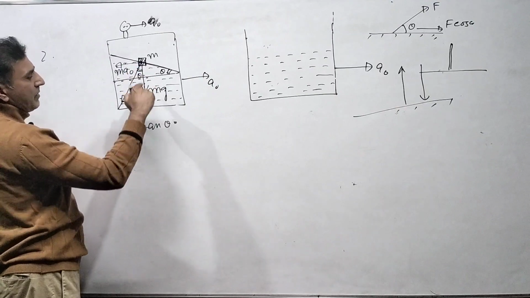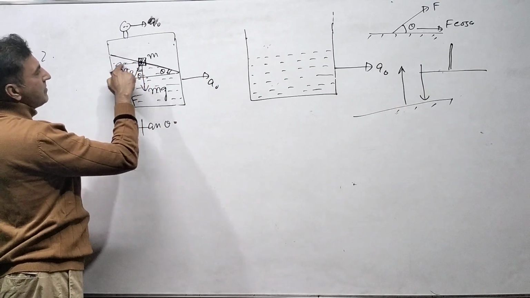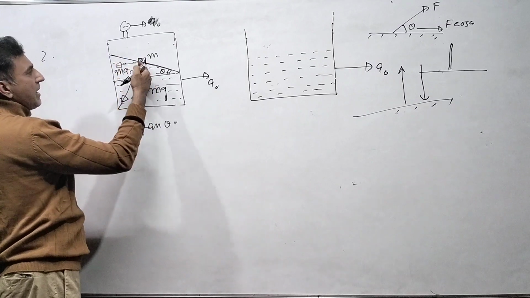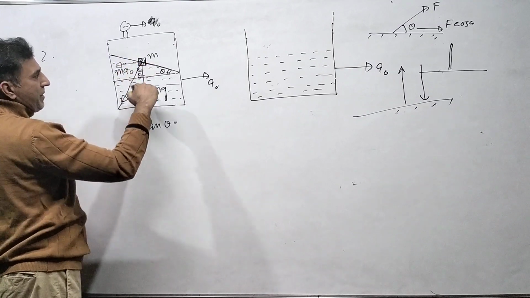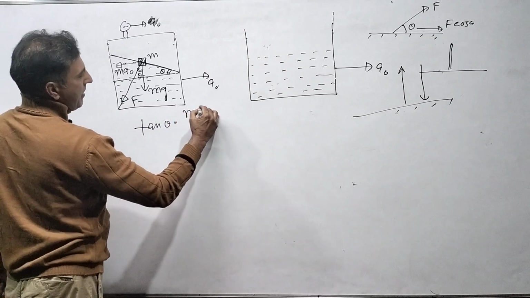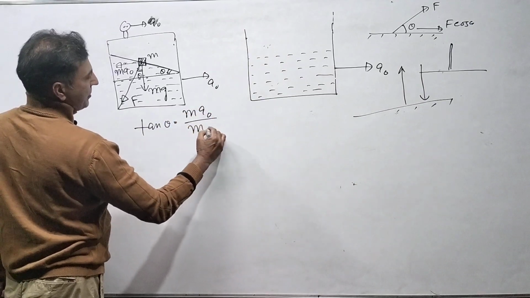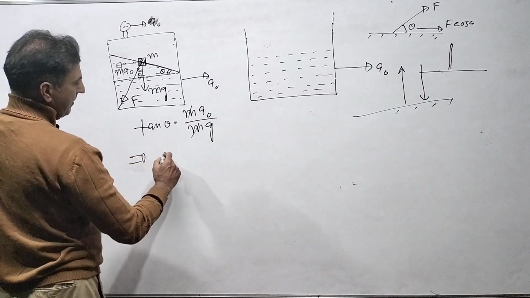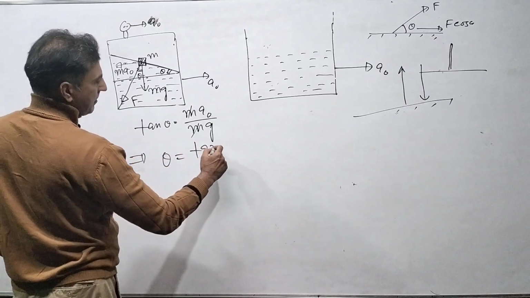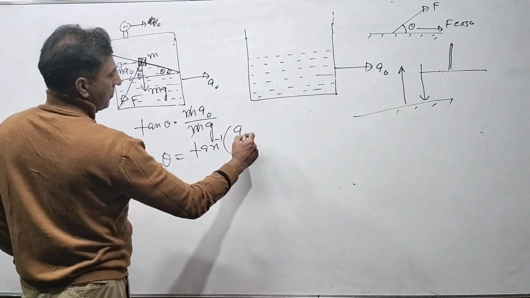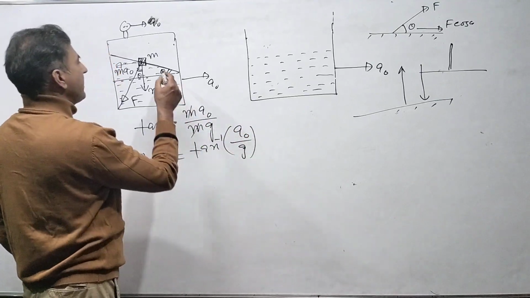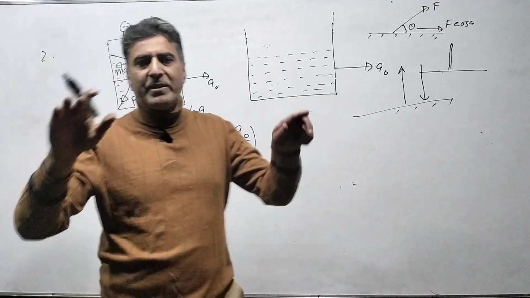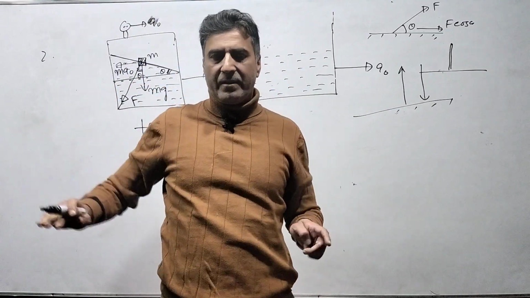And tan theta is this force by this force, perpendicular by base, that is ma0 by mg. m gets cancelled. So theta is tan inverse a0 by g. Again, I could find how much angle the water surface will make with the horizon.